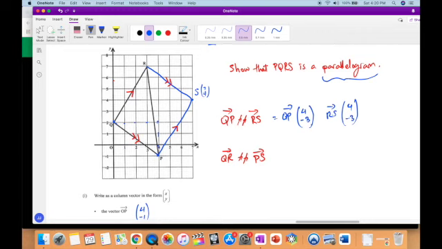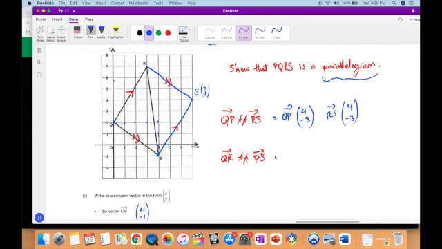Yes, they are scalar multiples of each other because QP is 1 multiplied by RS.